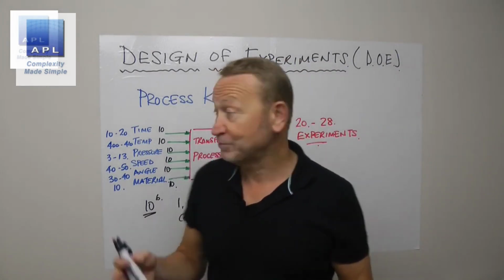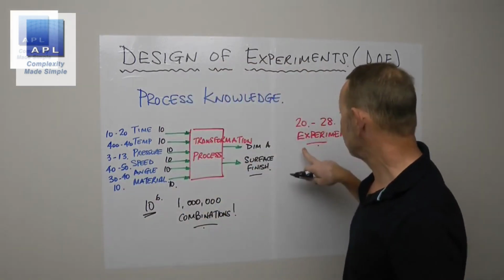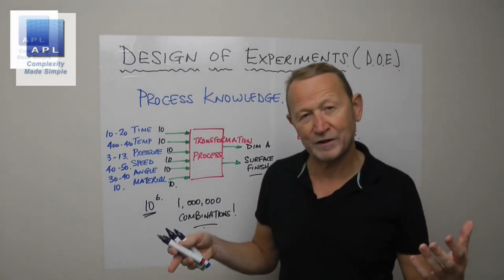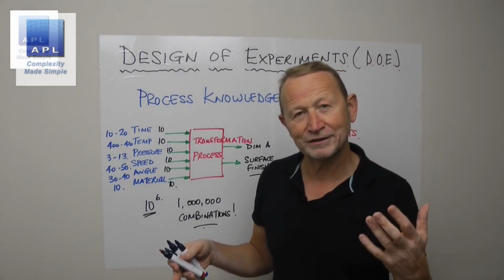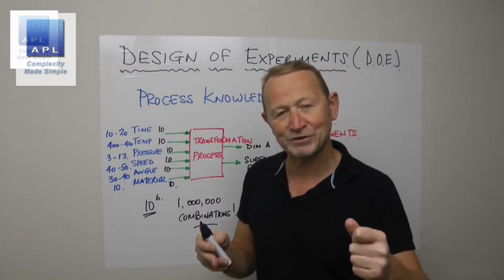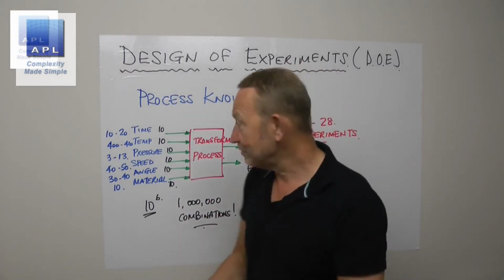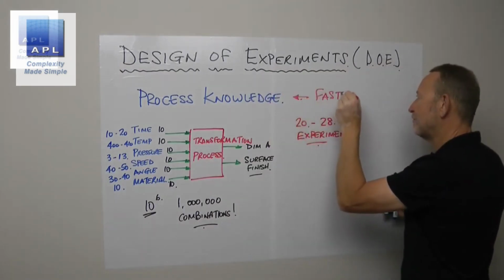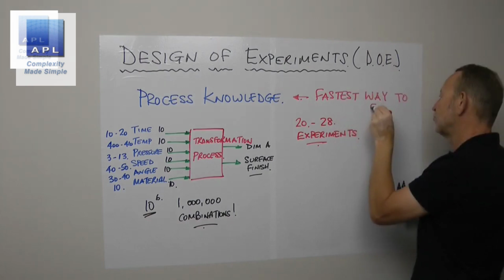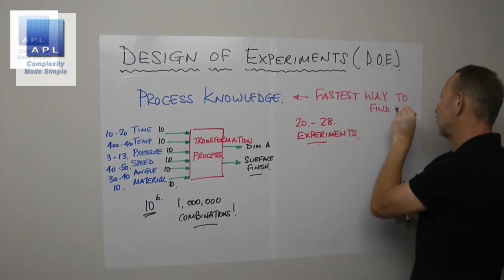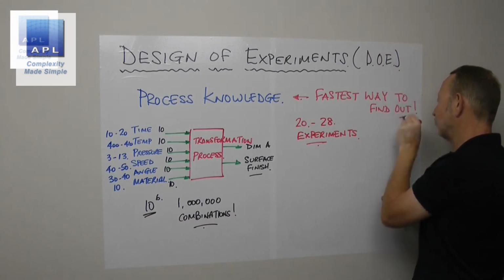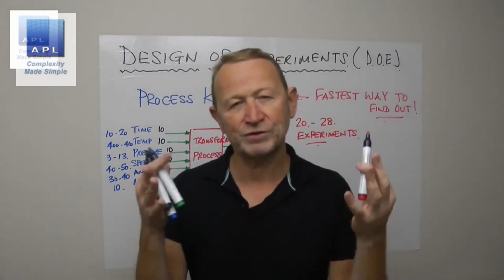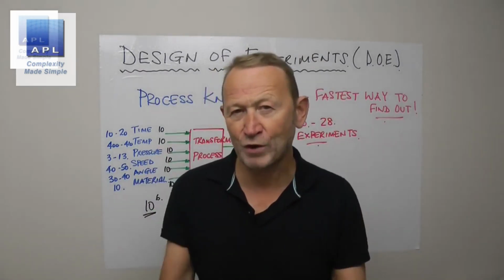I already know that because I'm going to use a designed experiment. By the way, then I'll understand the million combinations. I'll understand where the best settings are. How about that? That's design of experiments. It is the fastest way to find out the most process knowledge in the quickest possible time.